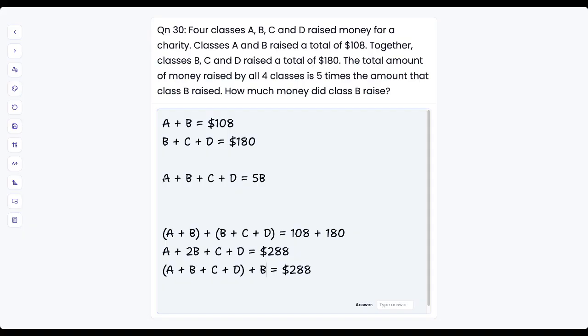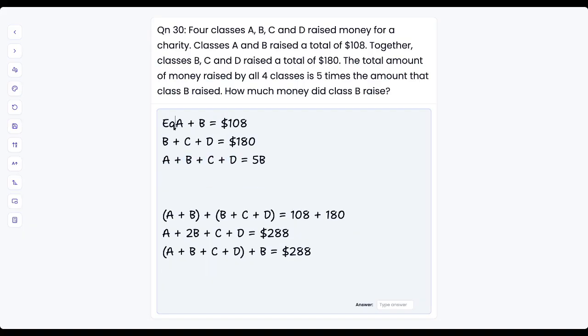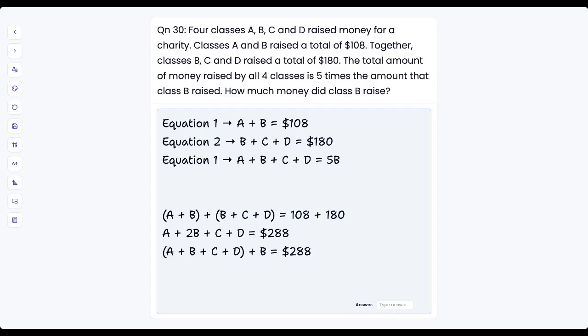So this is equation 1, equation 2, and equation 3, so it's easier to see and understand.